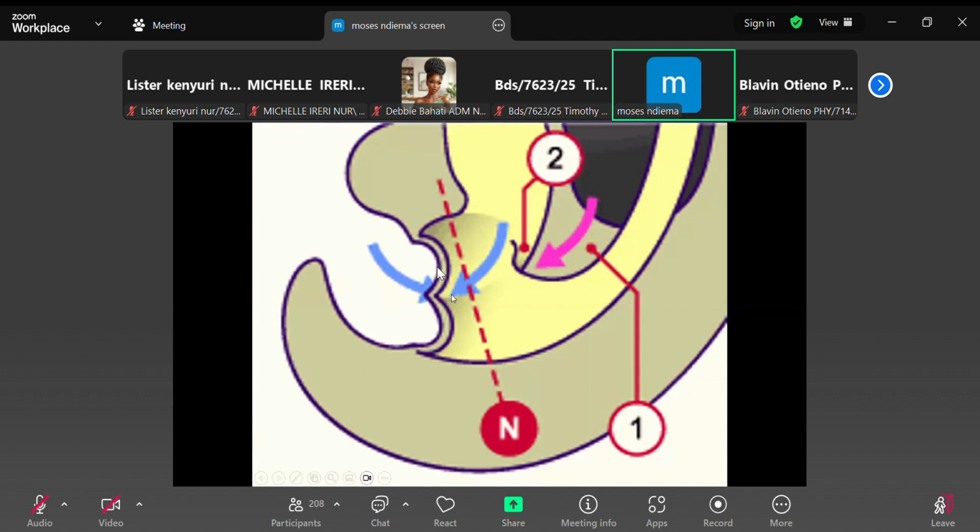It's a V-shaped type of growth towards the cloacal membrane. Once it connects to the cloaca, the dorsal part becomes the rectum, the ventral part becomes the primary urogenital sinus.